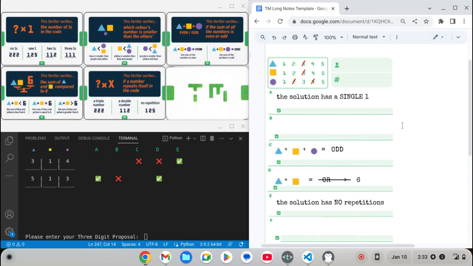So let's go ahead, and I'm going to type it up as, I'm going to deduce that, again, triangle is the smallest. So triangle is the smallest. And so that would mean it would have to be the 1.